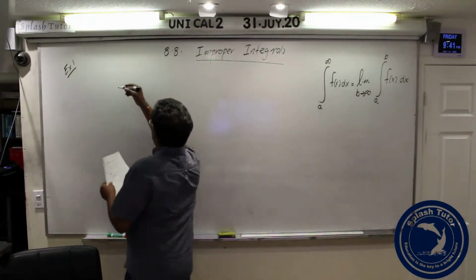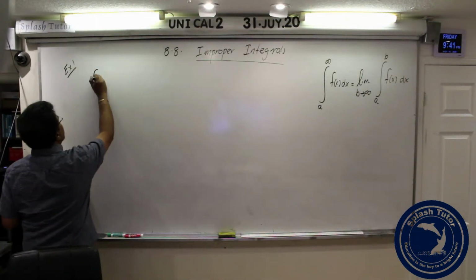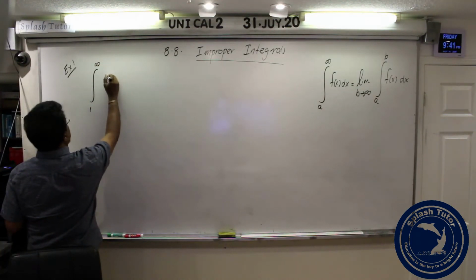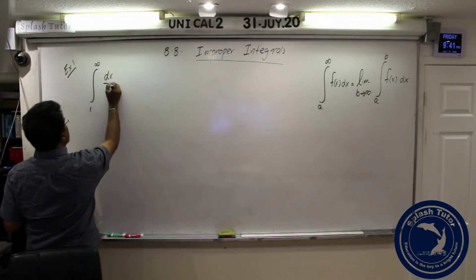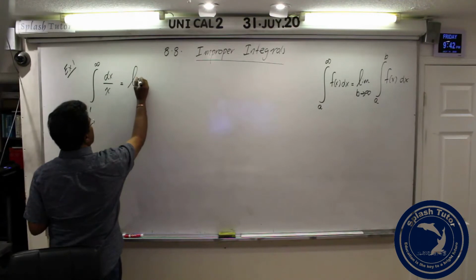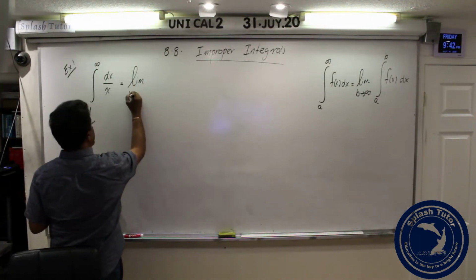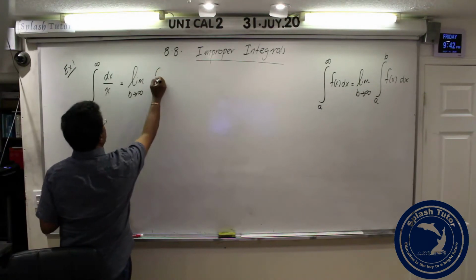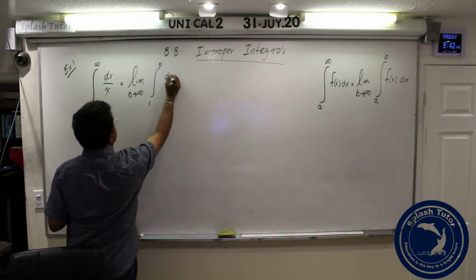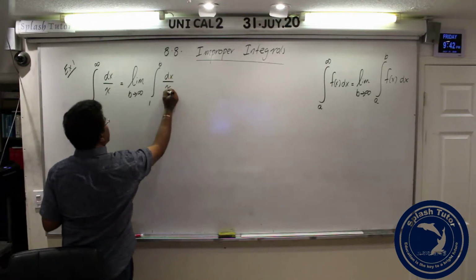Now, the integral from 1 to infinity of dx over x, that is equal to, we can write as a limit, b goes to infinity, integral from 1 to b of dx over x, right?